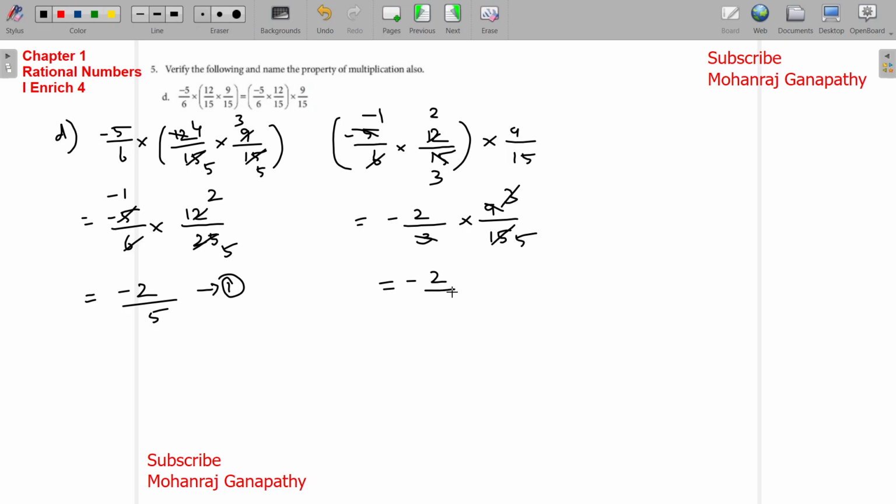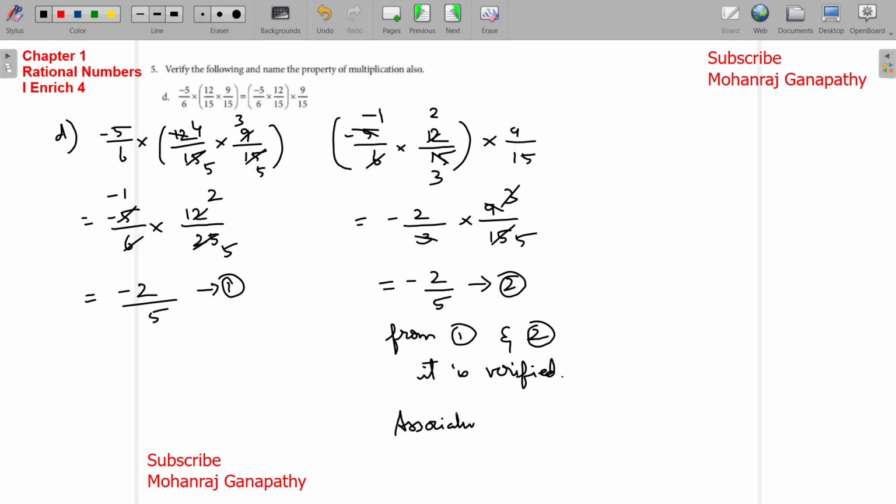So minus 2 by 5. From 1 and 2 it is verified. Property is associative property.